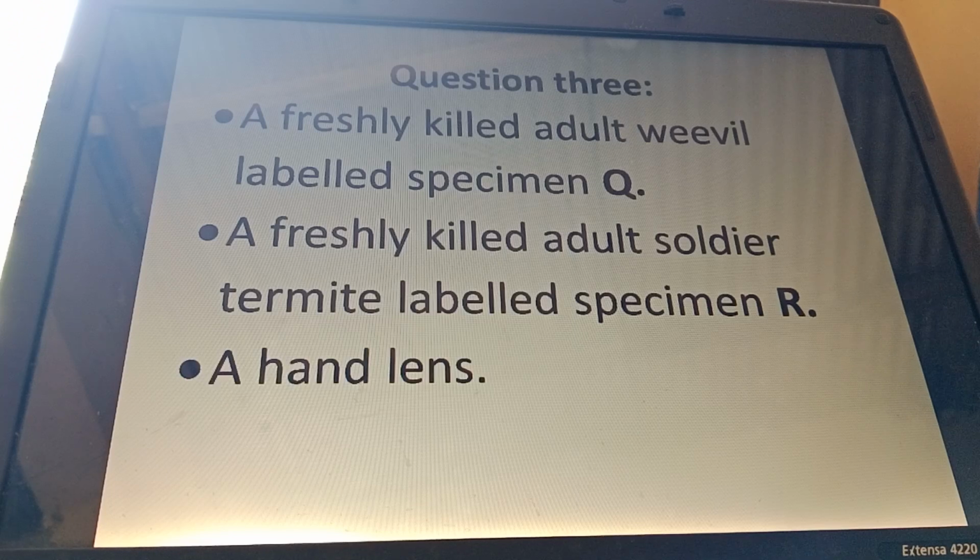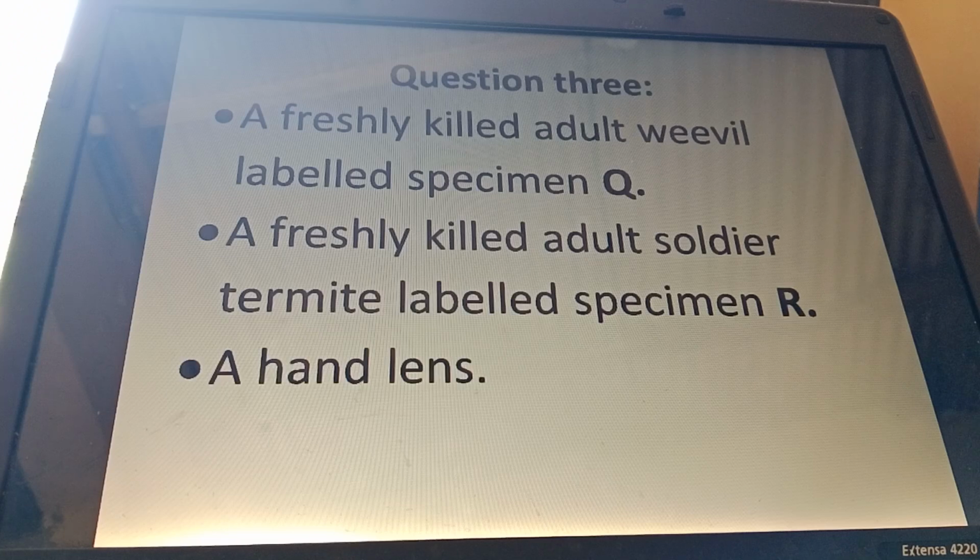But we are not saying you have 2 hand lenses because these are practicals. So the hand lens which was there in question 1, you can still use in this question. In general, this practical required 100.